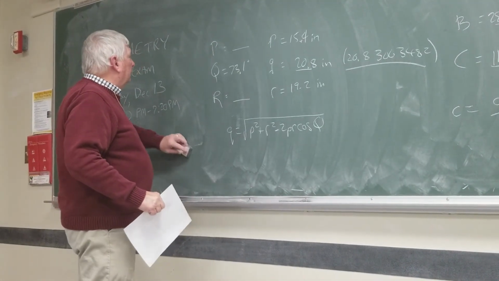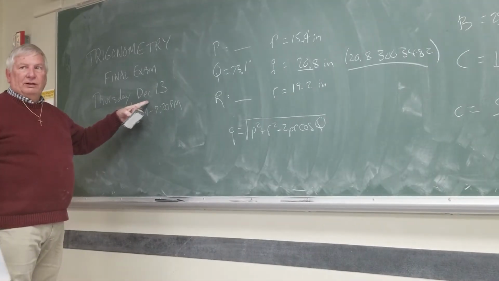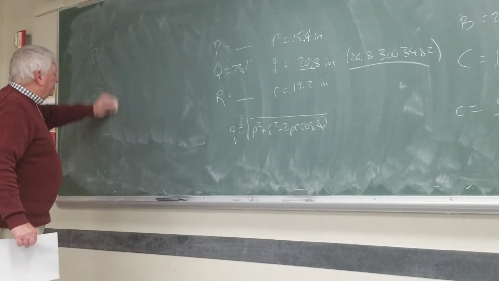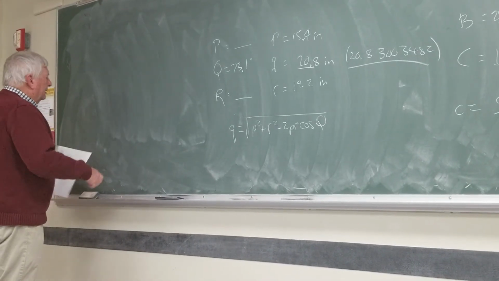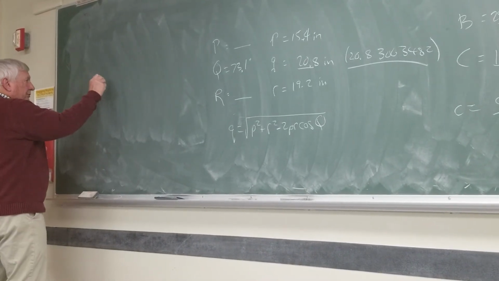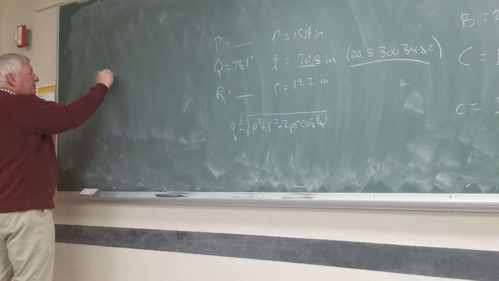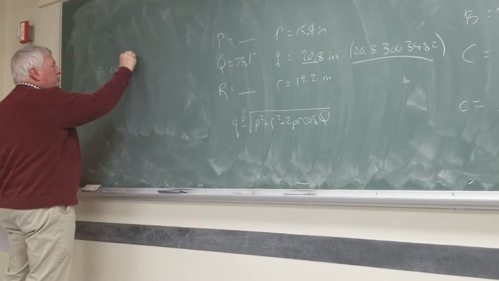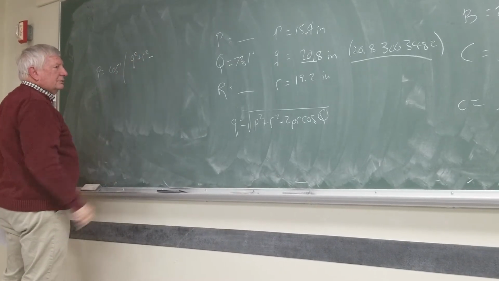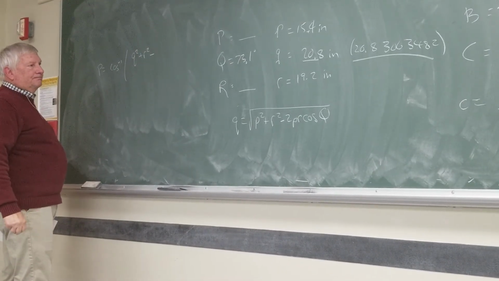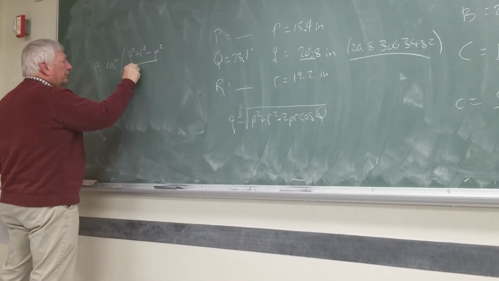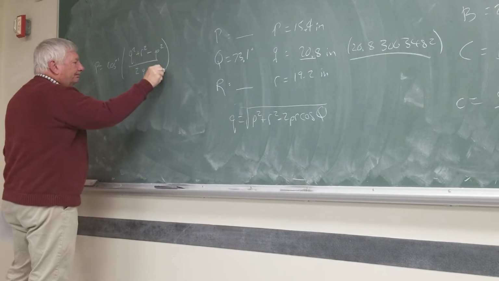And once again, don't forget, a week from Thursday is the final. So I'll just do angle P since it's handy. Angle P is equal to the inverse cosine of Q squared plus R squared minus P squared over 2QR.